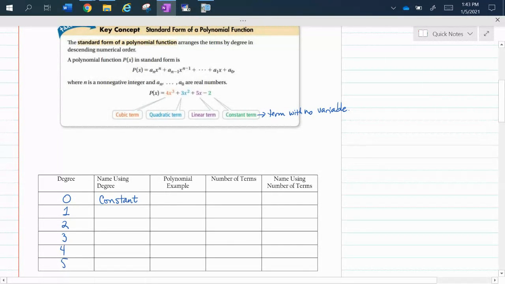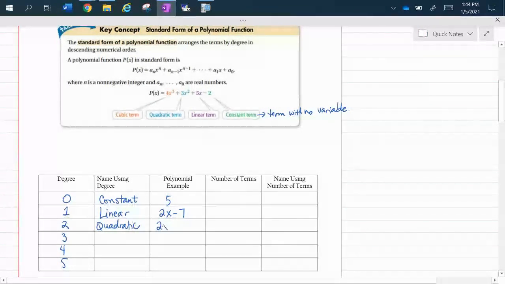That would be like 5x to the 0, and we know that x to the 0 is 1, so it's just going to be a constant, 5. If the degree is 1, we call it a linear polynomial, and the example would be 2x minus 7.